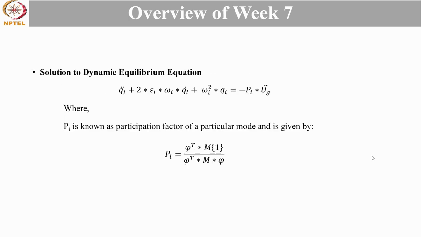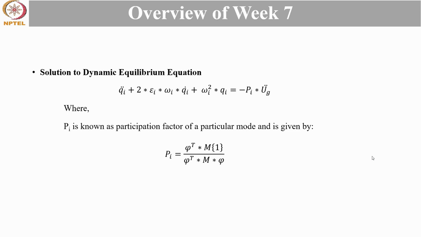Now, once the decoupling is done, the dynamic equilibrium equation can be simplified as follows, substituting C by M by 2 epsilon omega and K by M by omega square. Now, thing to observe here is the new factor Gamma, which is nothing but participation factor of a particular mode of vibration in total vibration.